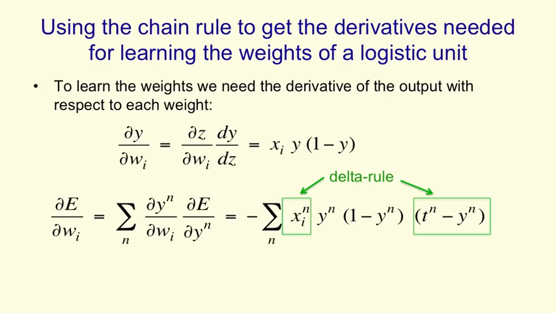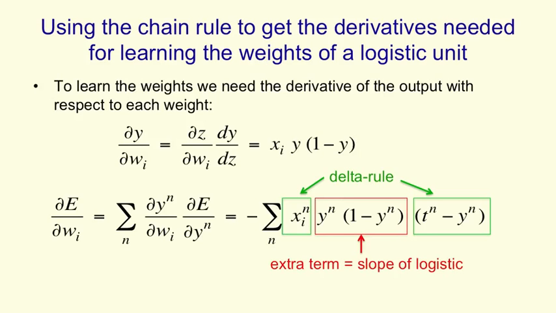But it's got this extra term in it which comes from the slope of the logistic function, which is yn into 1 minus yn. So a slight modification of the delta rule gives us the gradient descent learning rule for training a logistic unit.